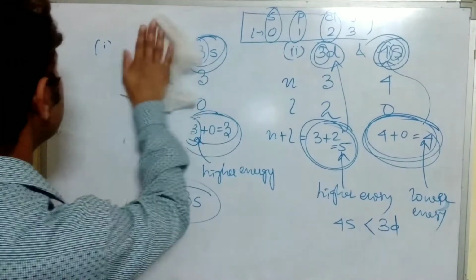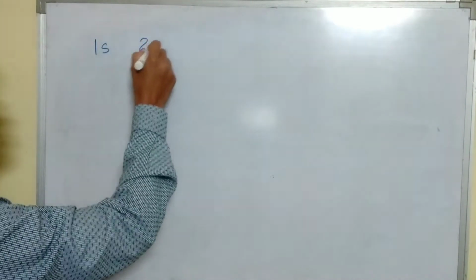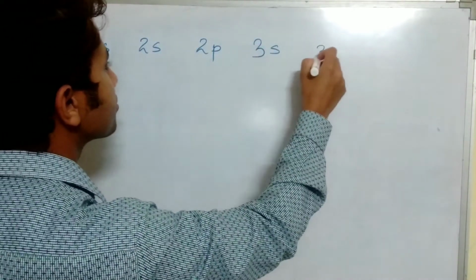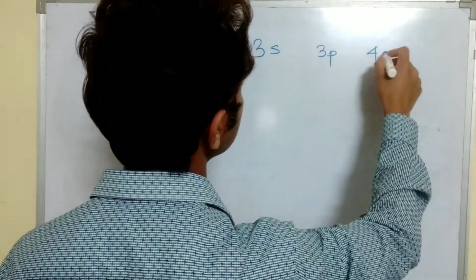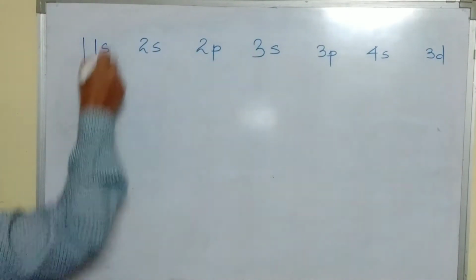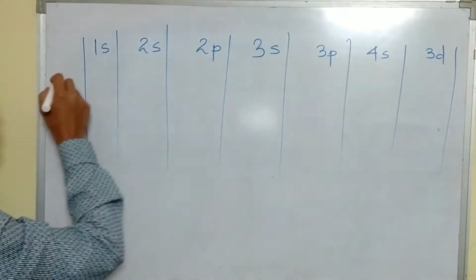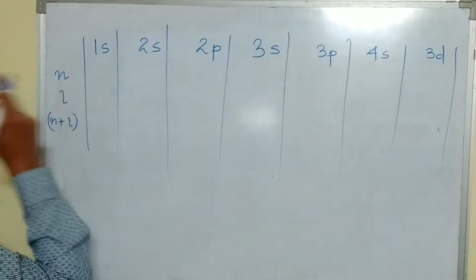Now if we see some orbitals like 1s, 2s, 2p, 3s, 3p, 4s, 3d, we see the n values, then l values, then n plus l values.